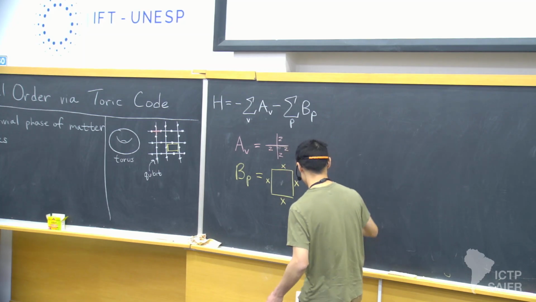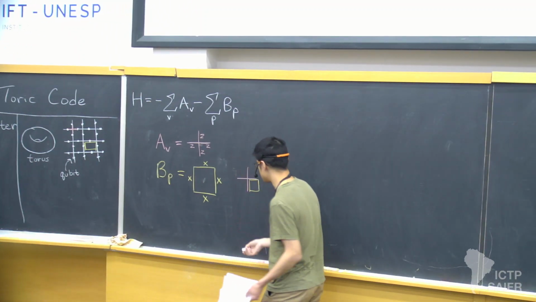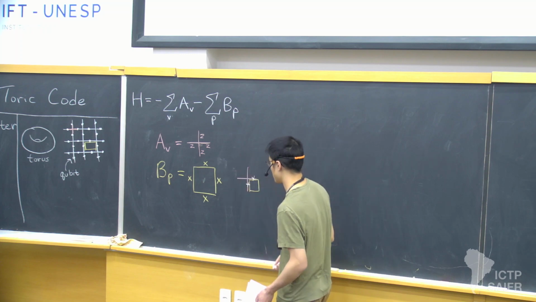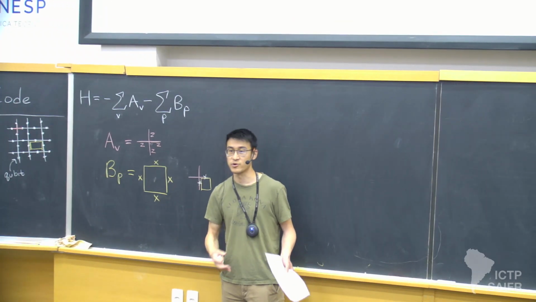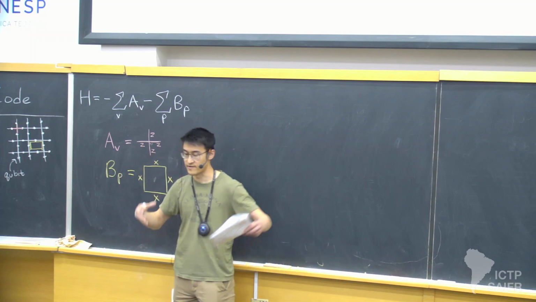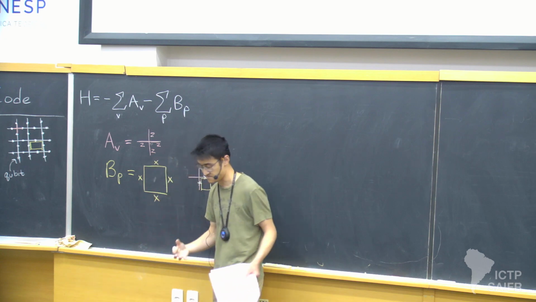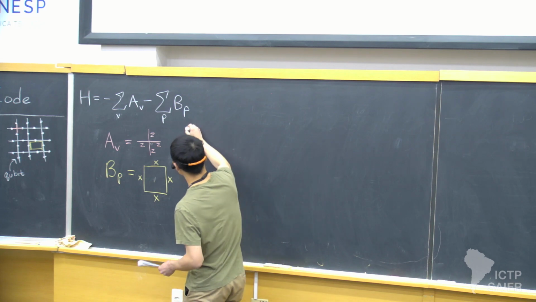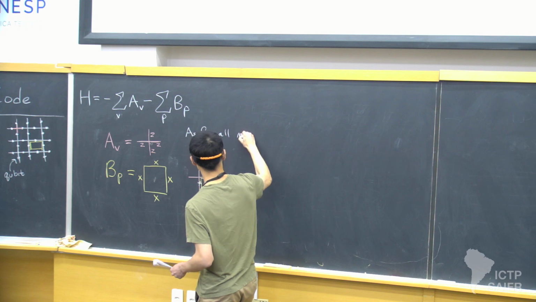You can have a star here and a plaquette here, but they only intersect at an even number of qubits, and so even though Z and X individually anti-commute, an even number of Z's will commute with an even number of X's. So even if these A and B operators have overlapping support, you can convince yourself that they'll always commute with each other. That's important: A's and B's all mutually commute.